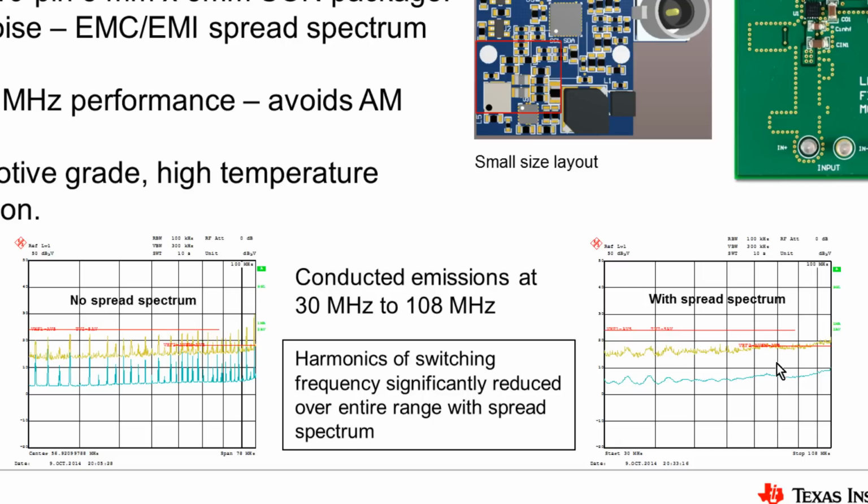And remember, again, there is no common mode choke and no shielding done here. Now here, without this SPET spectrum, you can see all those peaks at the harmonics, and it may not comply with the stringent CISPR 25 class 5 requirements.